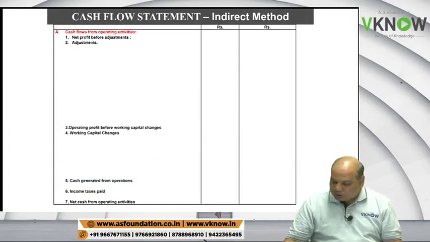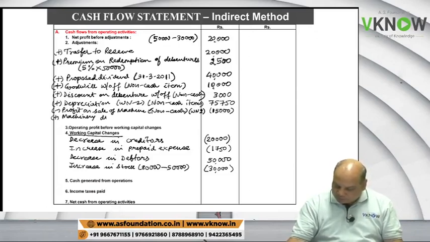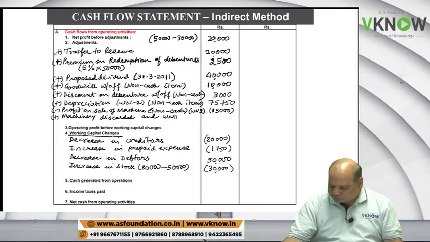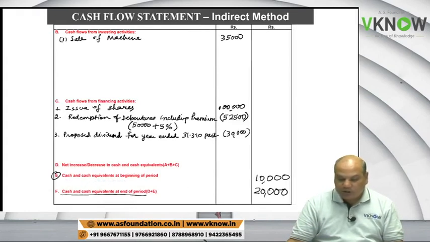So I am going to add back in adjustment, add back machinery discarded and written off 3,000. We will take the WDV, not the cost.